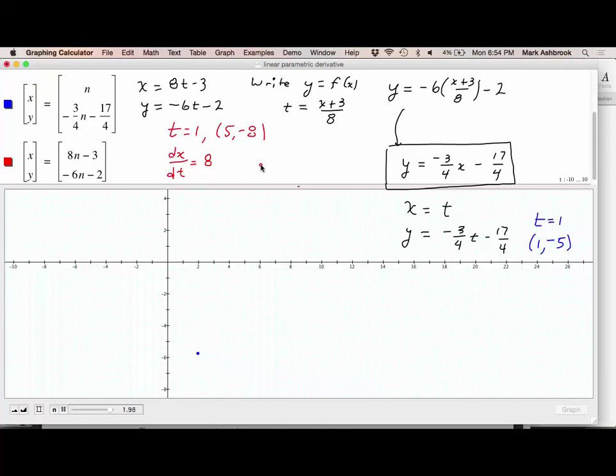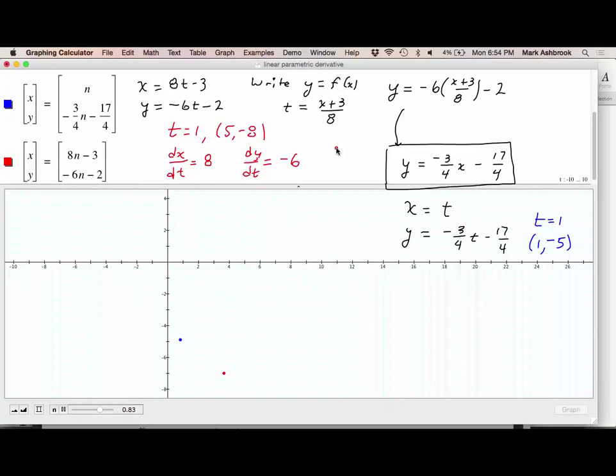Remember, dy equals k dx, but now this is dx equals 8 dt. So for any given change in t, my dx changes 8 times as much. And what about dy? dy dt is negative 6 times that change in t.